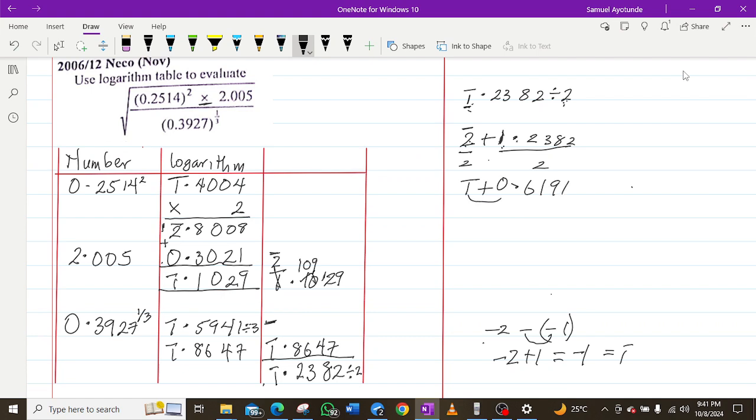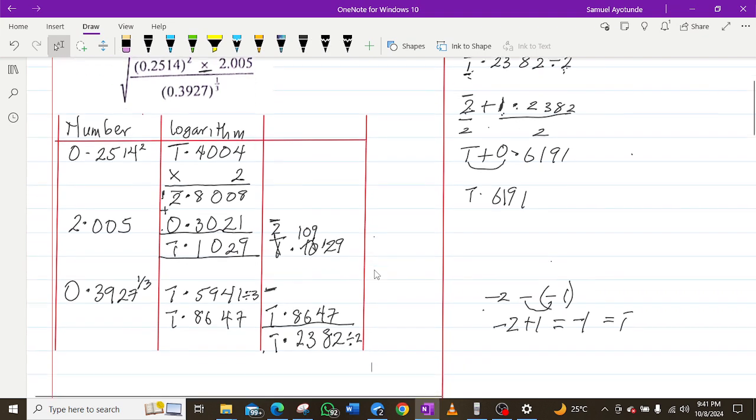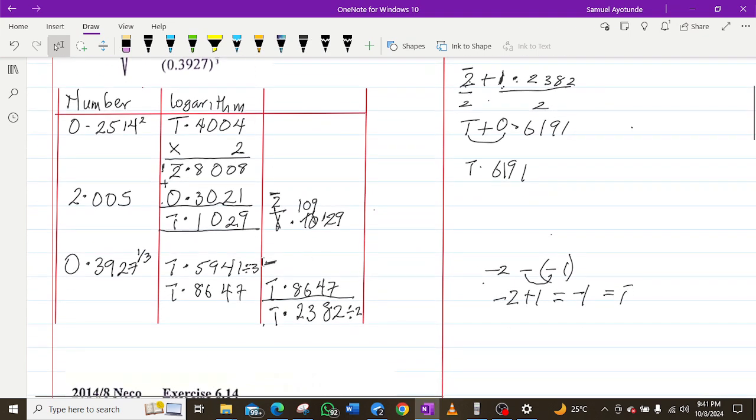Add the whole number parts together, so I have 1 bar 0.6191. So the answer here is 1 bar 0.6191. Then I find the anti-logarithm of this figure.